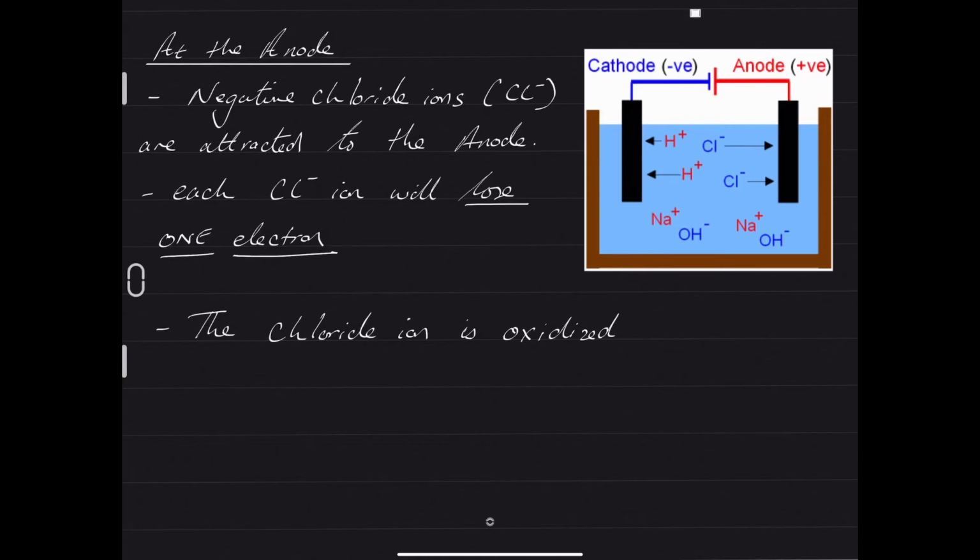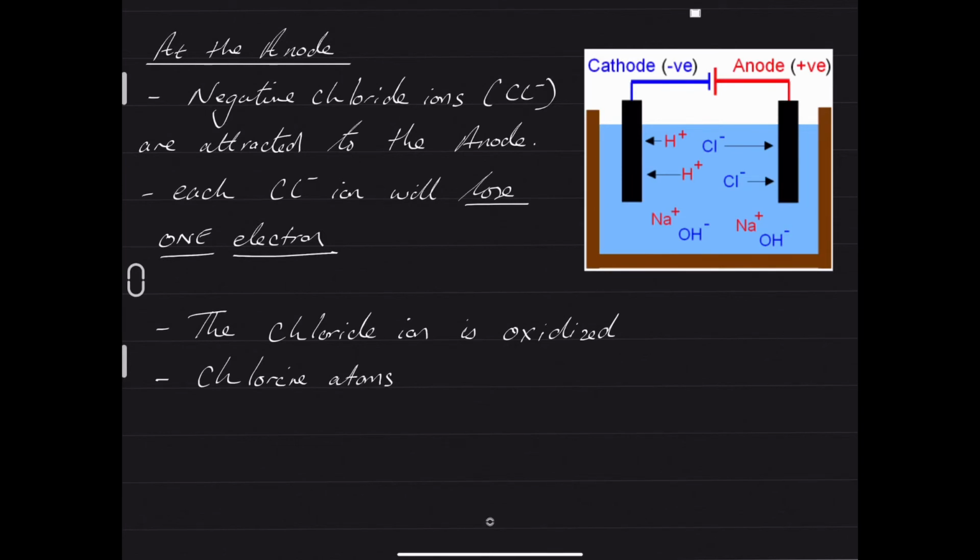Now when they lose electrons, they become atoms. The chlorine atoms now bond together to form a diatomic molecule, so they bond together in pairs and chlorine gas is produced. Notice the difference between the words atoms and ions where I'm using them.